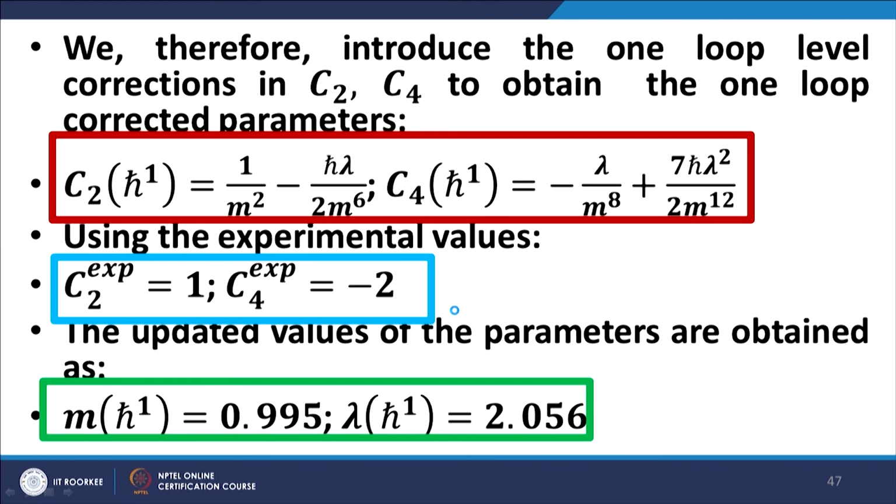We input them into this new formula that we have derived using the first order corrections in h bar, and we find m at H1 is equal to 0.995 and lambda at H1 is equal to 2.056. So, these are the two values that we have now obtained, the bare parameters of the action corrected at the one loop level.